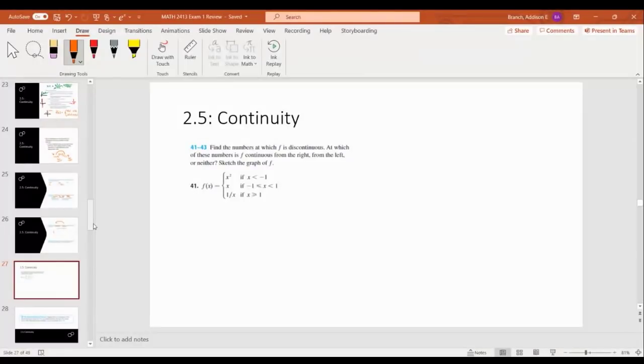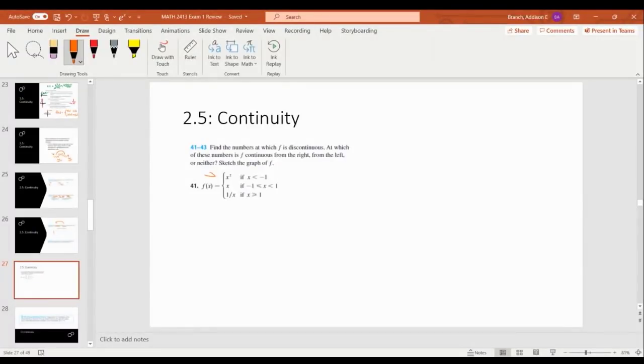All right, so we have a quick example. We'll only do the part that says find the numbers at which f is discontinuous. When you're given a piecewise function like this, the first thing you want to do is check your domain and make sure that everything falls within your domain.